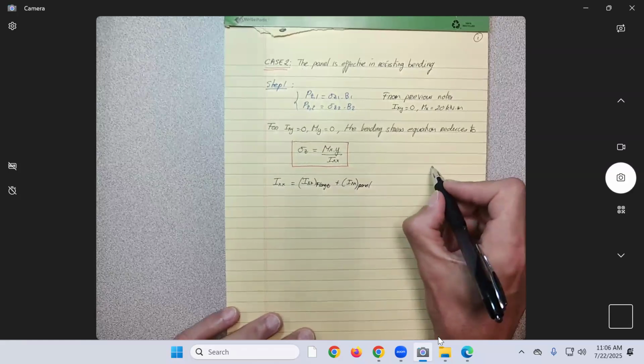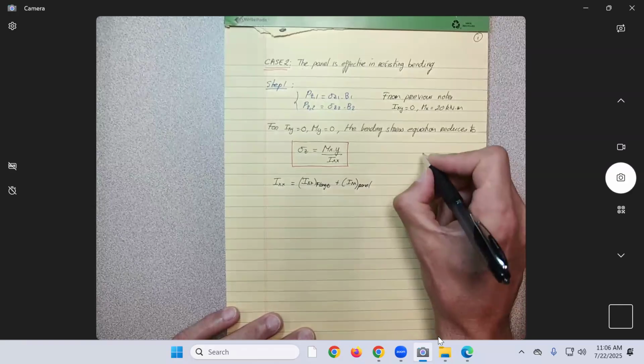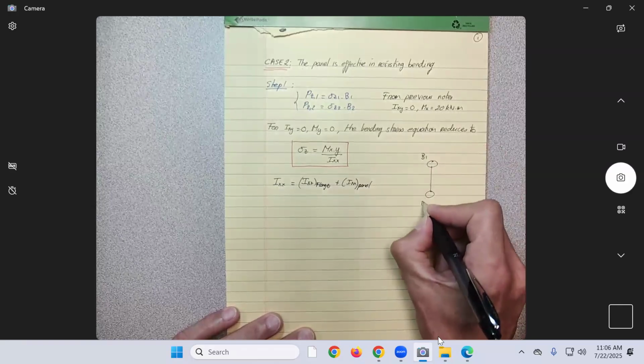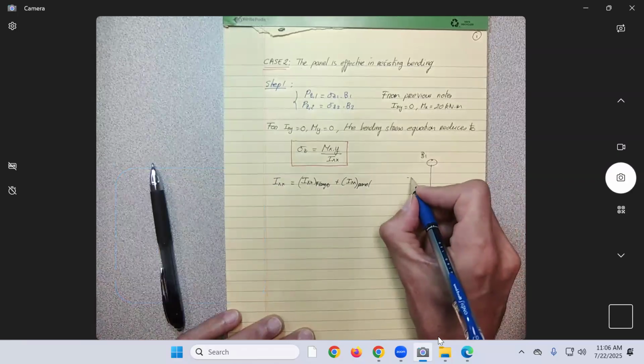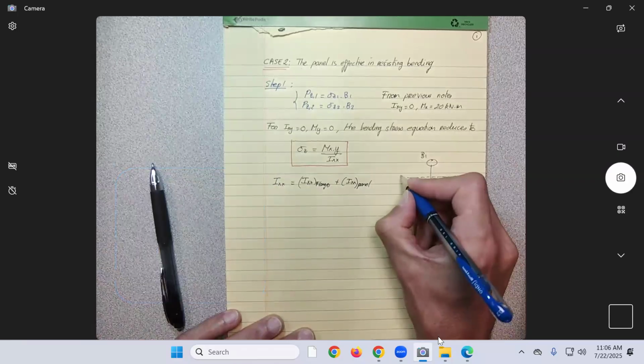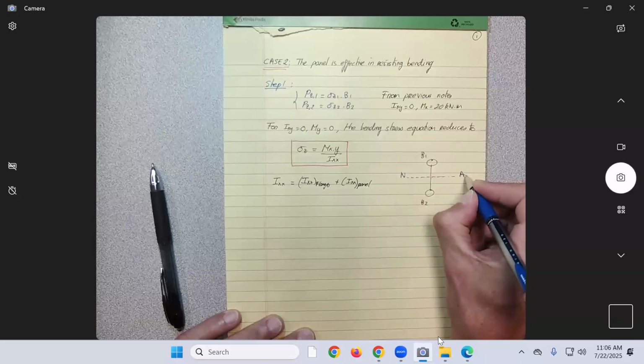So if I do the figure over here, this is our B1, B2. We had right in the middle the neutral axis.